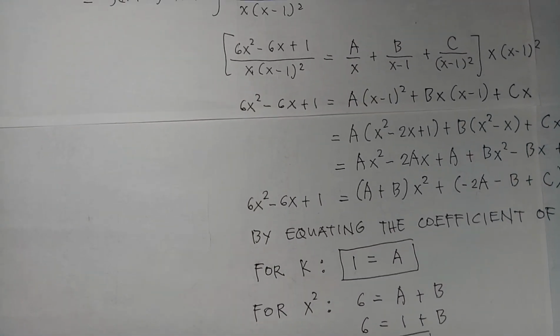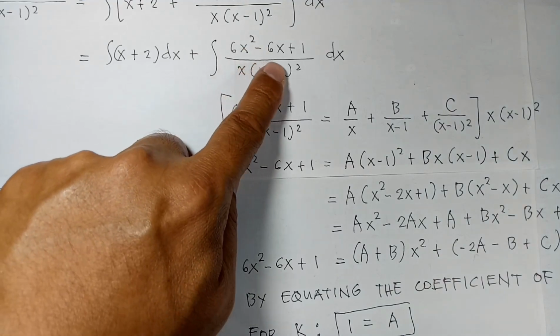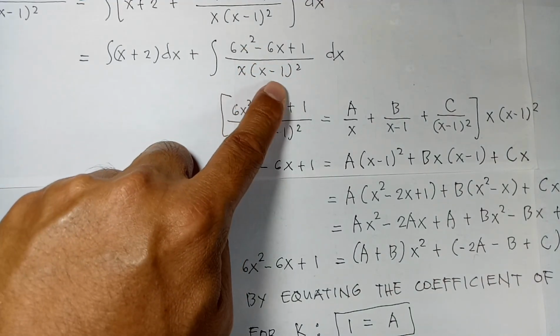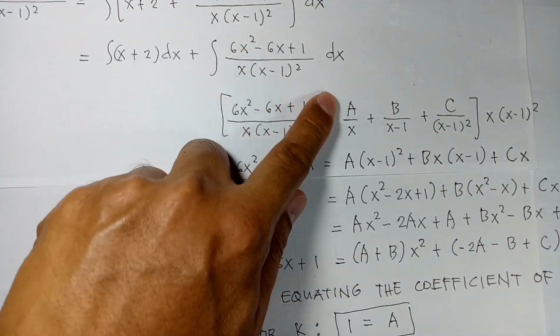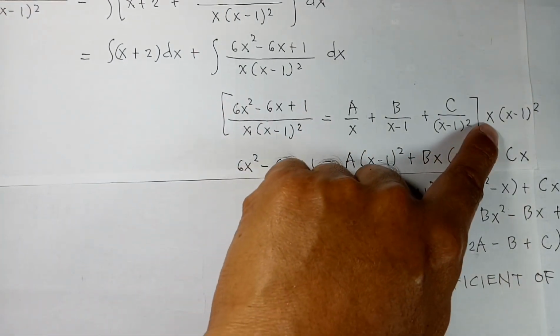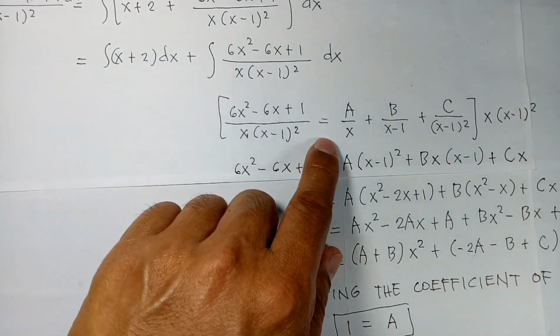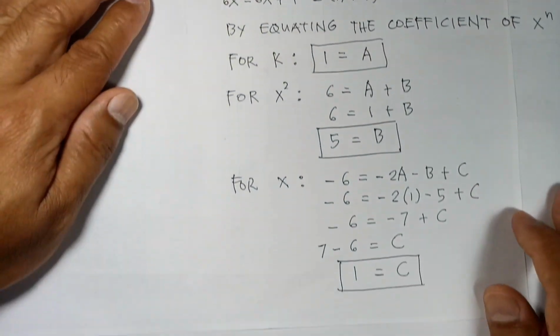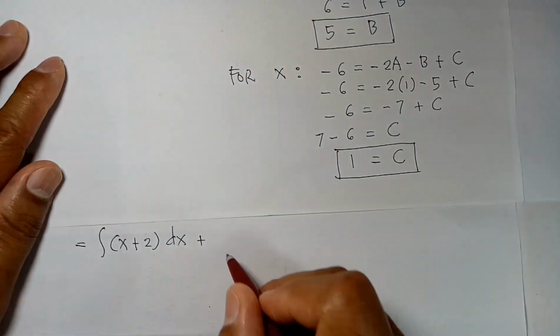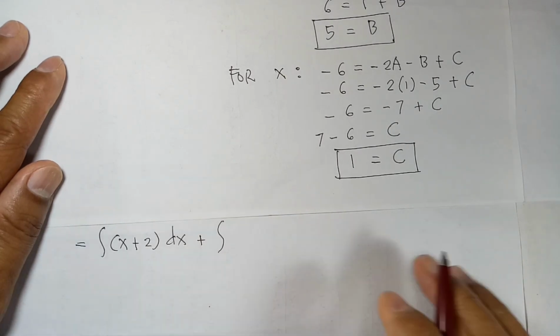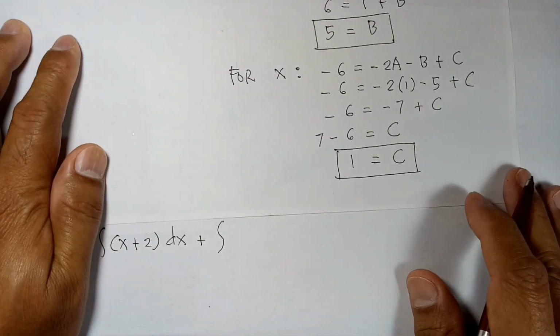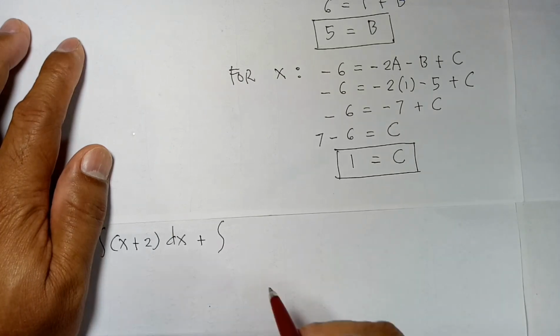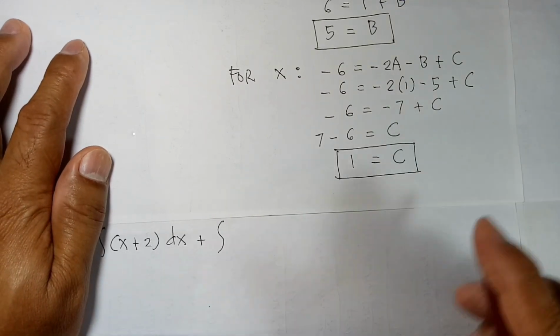So the integral of 6x squared minus 6x plus 1 divided by x minus 1 squared dx now will be equal to the integral of its equivalent partial fractions. So we will have plus the integral of, first, 1 over x, since a is 1.